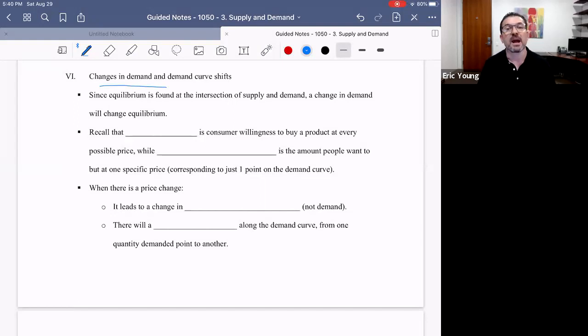If a demand curve changes, then the equilibrium changes, and by extension, the price changes. So we're beginning this discussion of changes in demand and the associated shifts that come with it, but the bigger picture of this is when demand changes, market equilibrium, and therefore the price in the market changes.